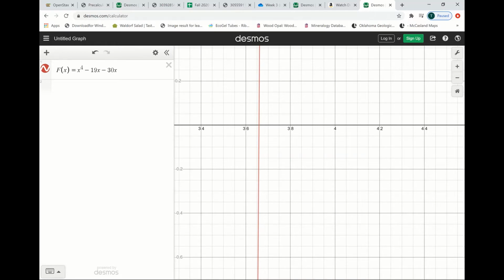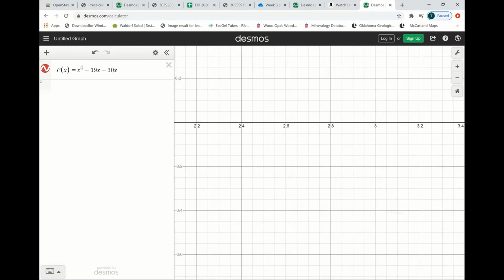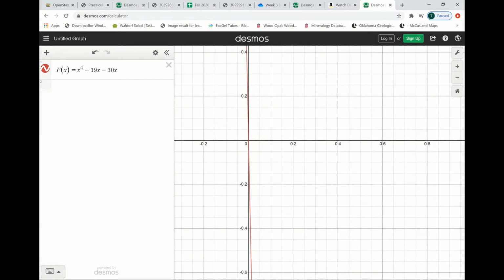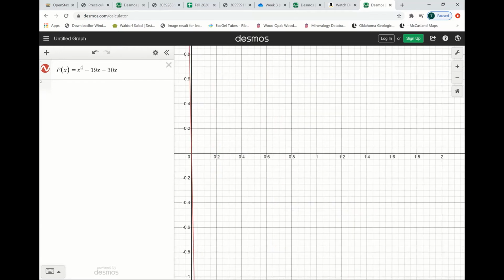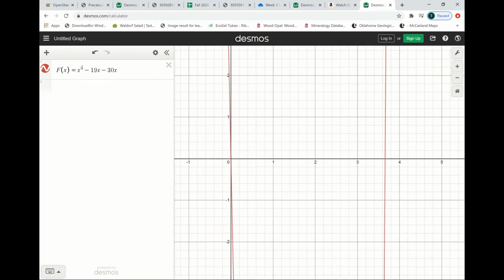So remember what I said from last time, that the number of roots is the same as the highest degree. So here the highest degree is 4, and we can have 4 roots. But notice we only see 2 here, right? Well, what's going on? And that's what this section is about. We're going to learn how to determine what is going on from a graph.